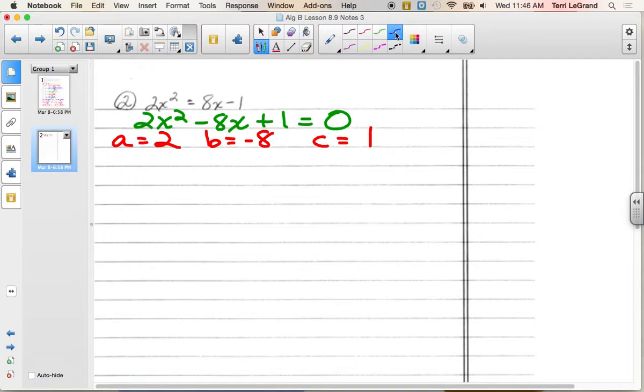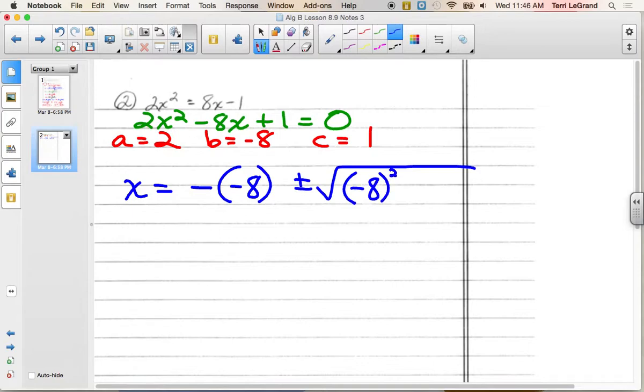And then we're ready to substitute into the quadratic formula from memory. We're going to try it. So x equals the opposite of negative 8. That negative sign has to be there, it's part of the formula. Plus or minus negative 8 in parentheses squared.